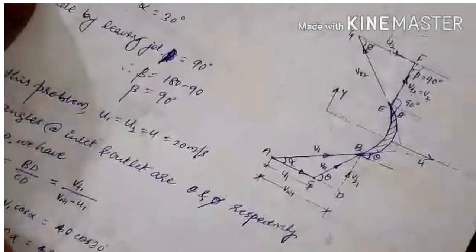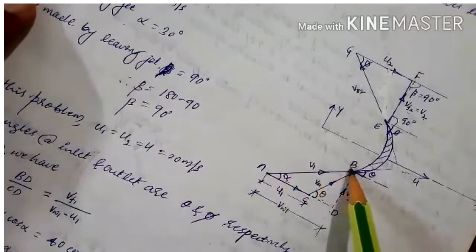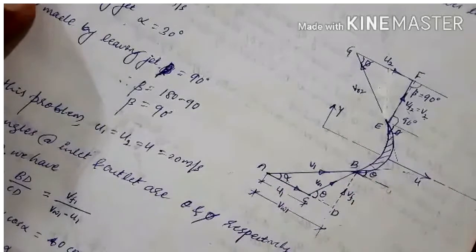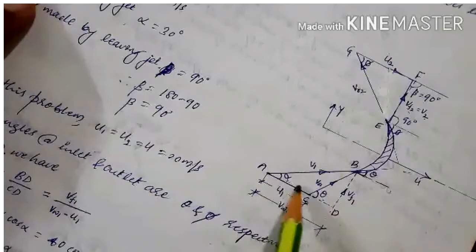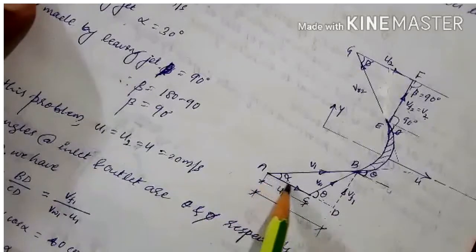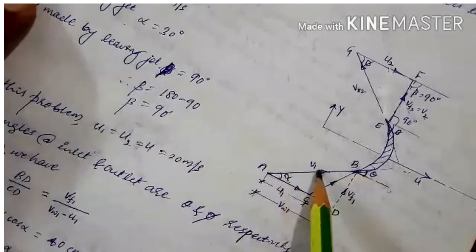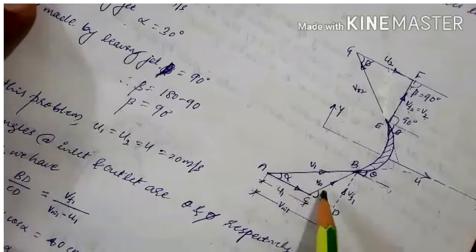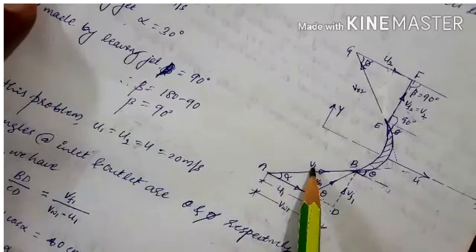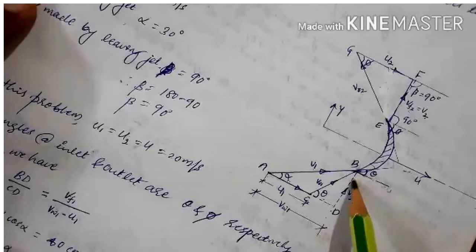draw the velocity triangles. Let us first draw the velocity of jet, then the vane is moving in this direction u. You shift that and keep it here, then this will be u1, which shows the direction of the vane, and this is the jet direction. The difference of these two will be the relative velocity Vr1. Then the components of V1 will be Vw1, the velocity of whirl, and Vf1, the velocity of flow.